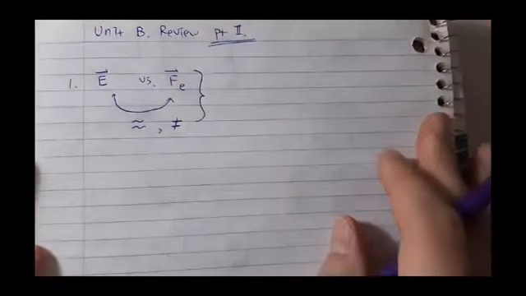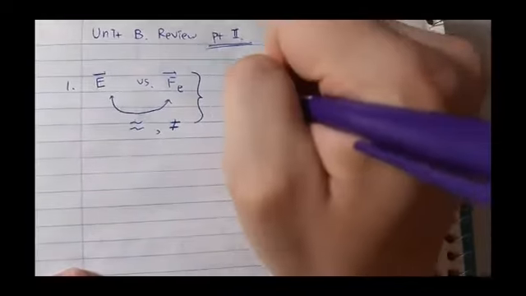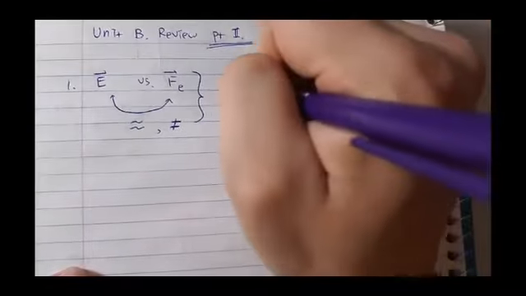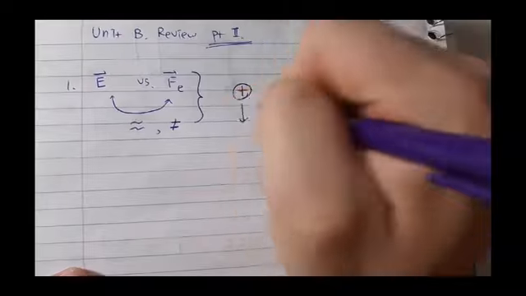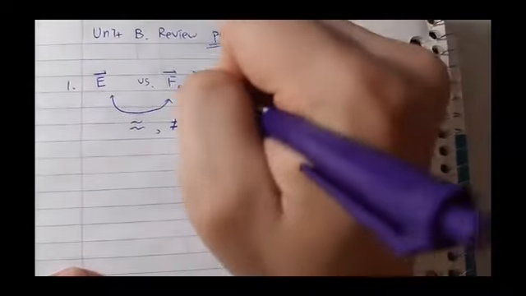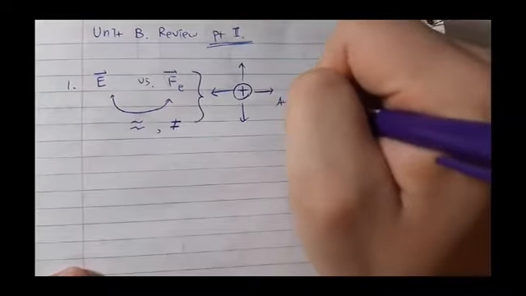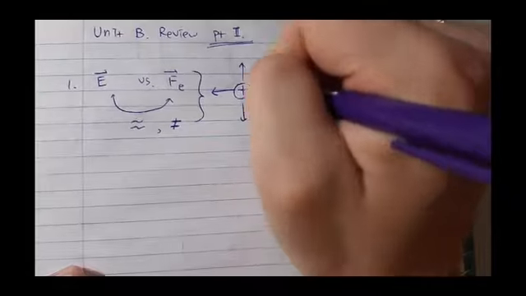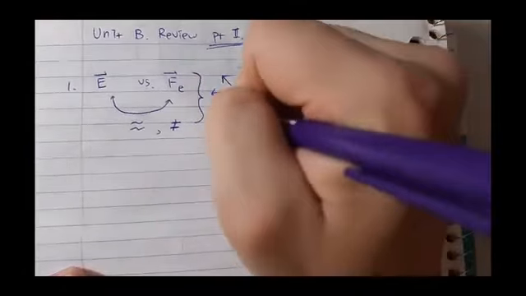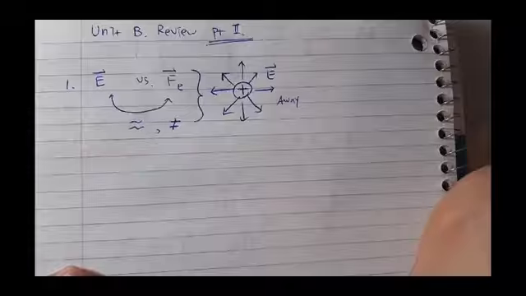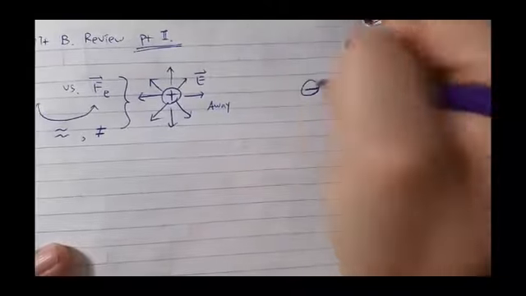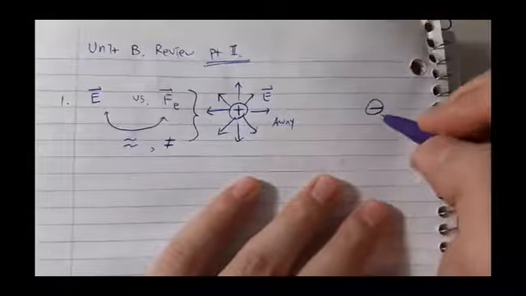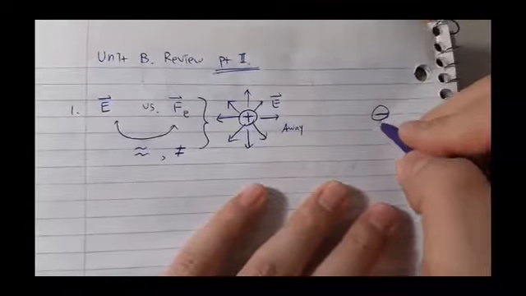When it comes to an easy comparison, for a positive charge the field is always going away from the source. That is electric field. For an electron, it's always going toward.